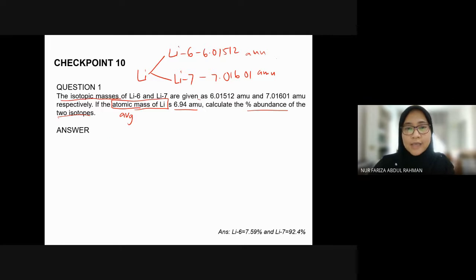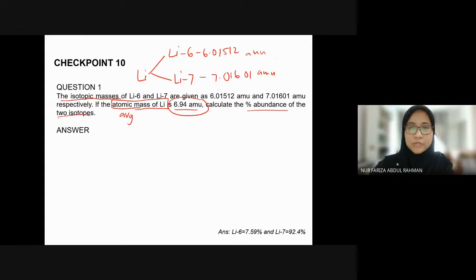We have the masses already, but the problem now is we do not have the information on the abundance for each of lithium-6 and lithium-7. So we have to find out the percentage abundance.